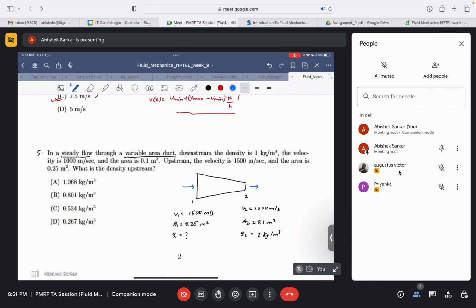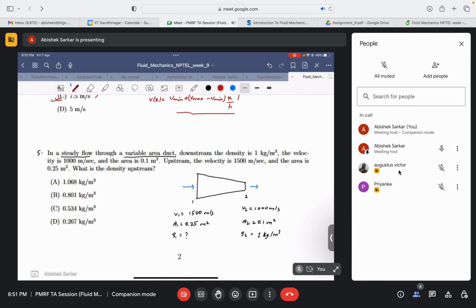I guess this is the first question in today's session where the density is also varying. And interestingly, density is what we need to find. Steady flow. Apply simple mass conservation. Yes, sir.